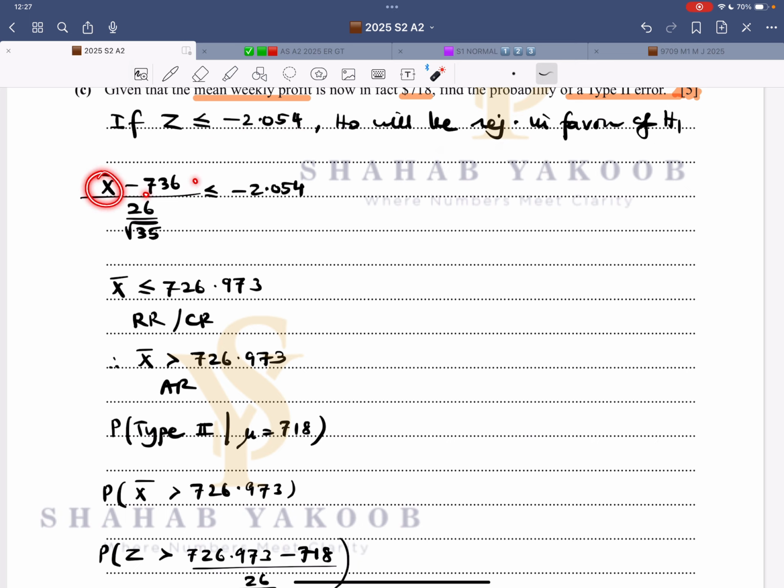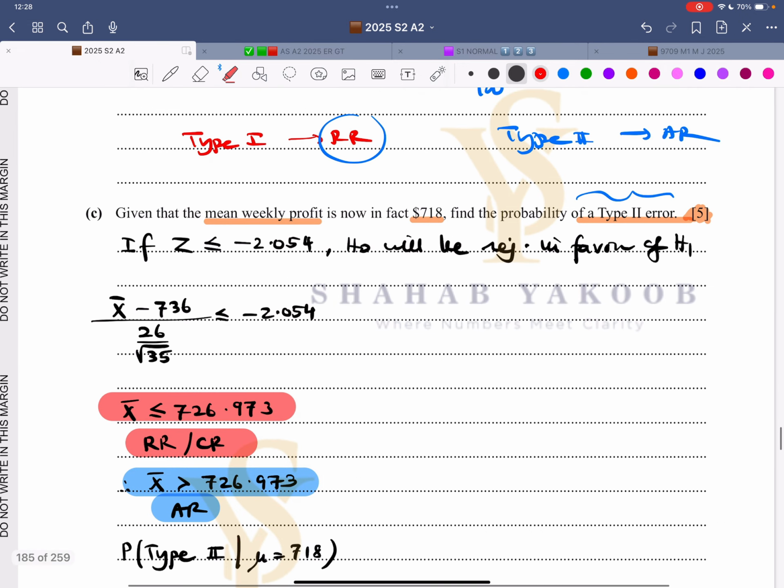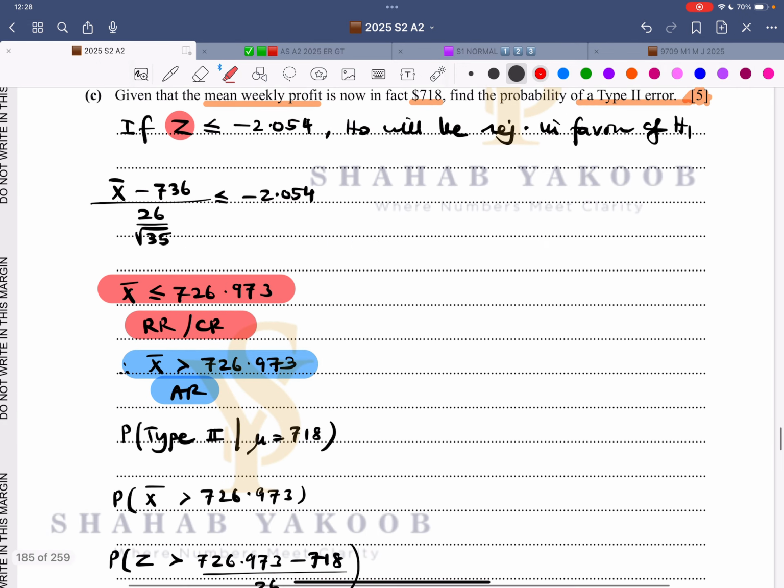X bar minus 736 over 26 over root 35 is less than or equal to this value. So therefore x bar is less than or equal to this value. That's the rejection region. Therefore the acceptance region is this thing, which is right over here. And this is the rejection region, right over here.